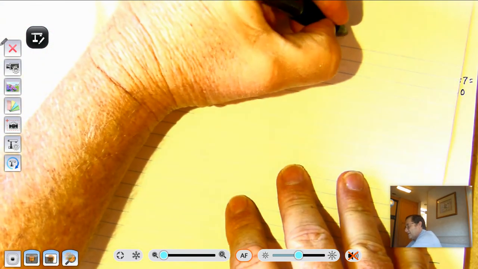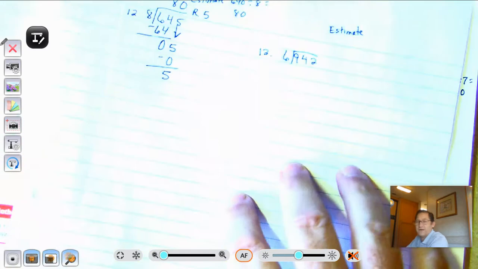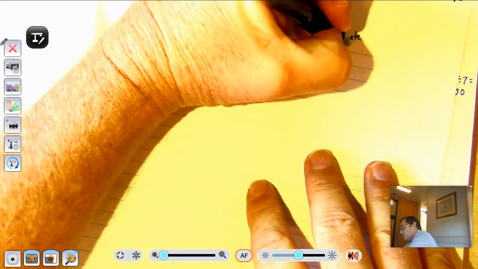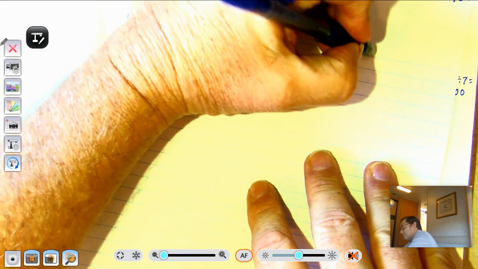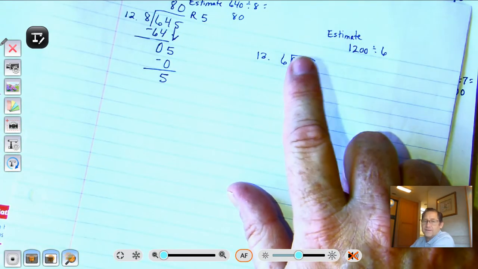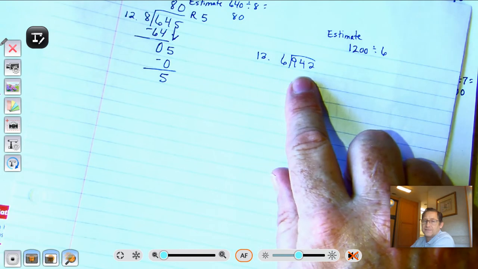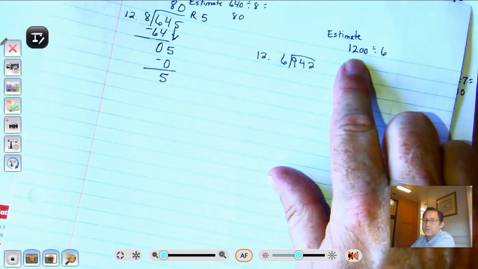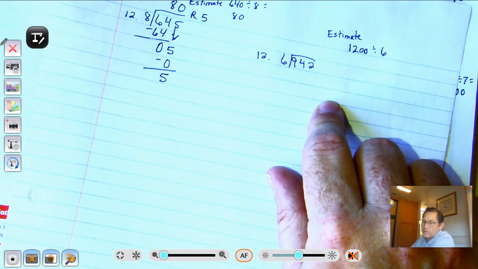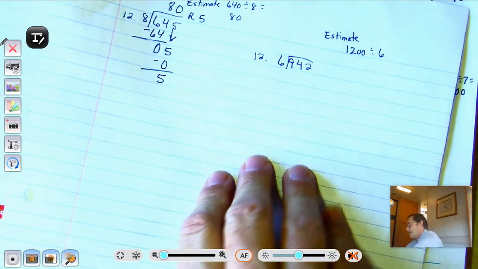So 600, 1200, let's go with 1200. 1200 divided by 6. The reason I said 1200 instead of 600 is 940 is closer to 1200 than it would be to 600. Only slightly, but it is closer.